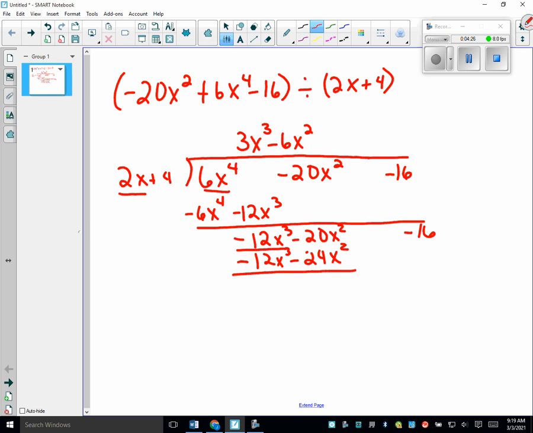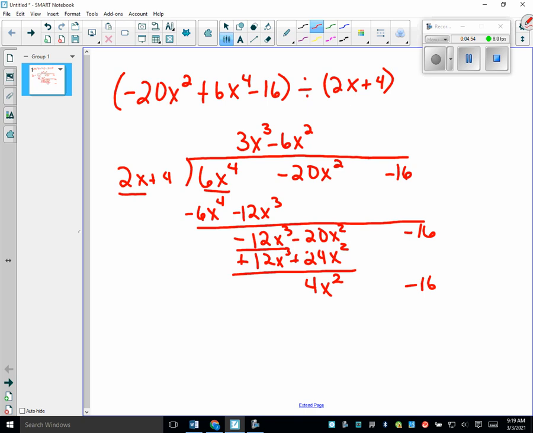Right? What do I do now? Change the signs and add. Doesn't that give me 4x squared minus 16? You see, we're just doing the same thing over and over.